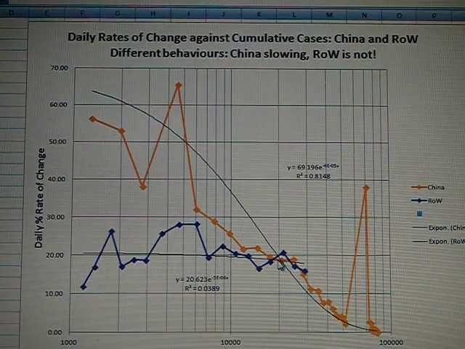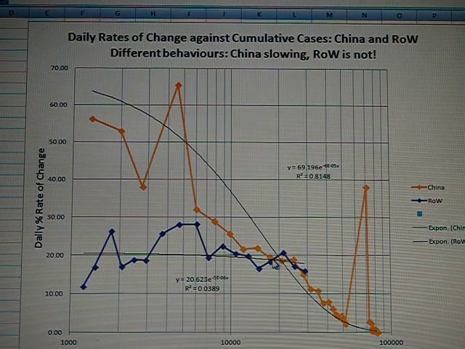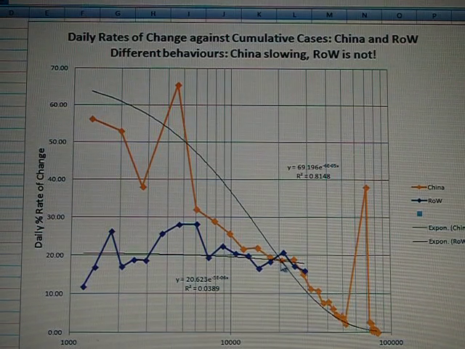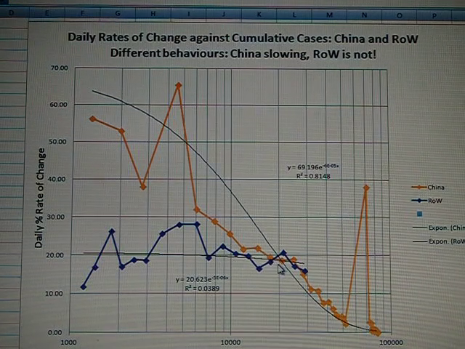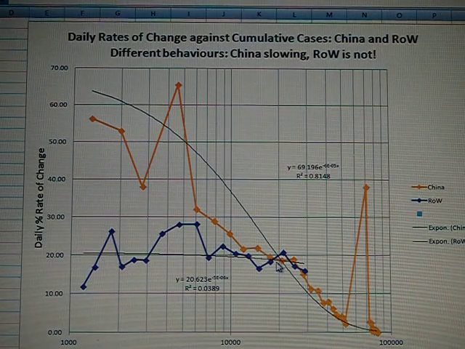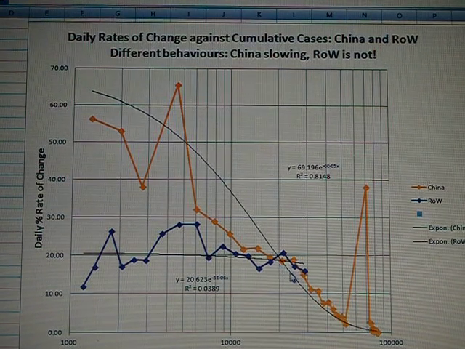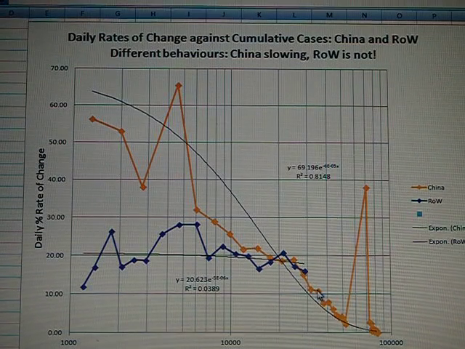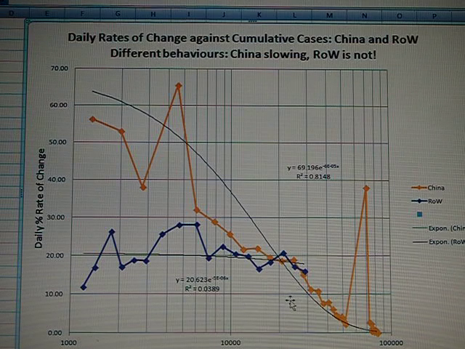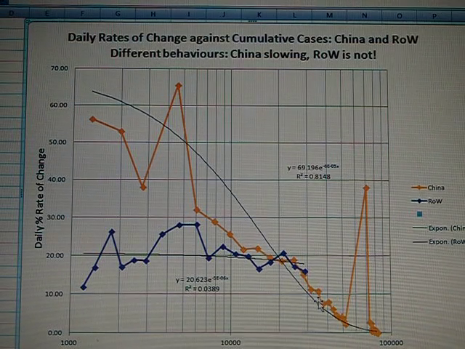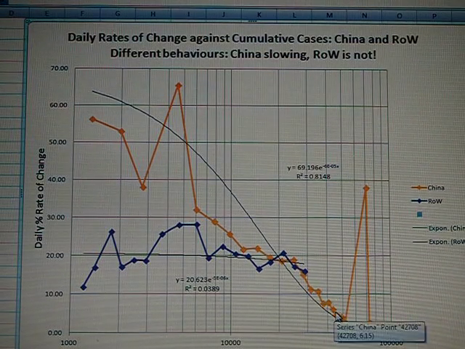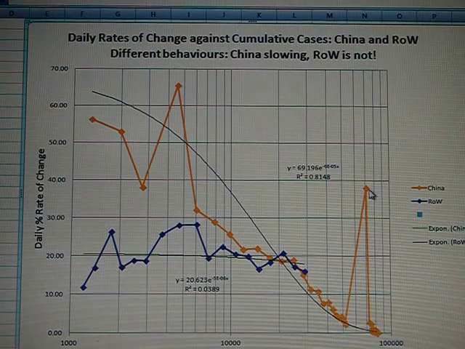Just below a 20% increase, sorry, at 20,000 cases. And then as you got to 30,000 cases, the rate fell to about 10% a day, which is this line here. And then it fell and fell and fell.